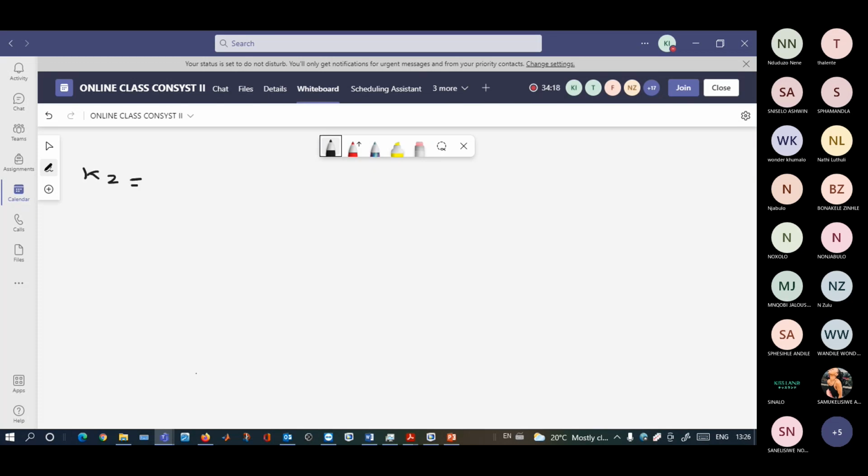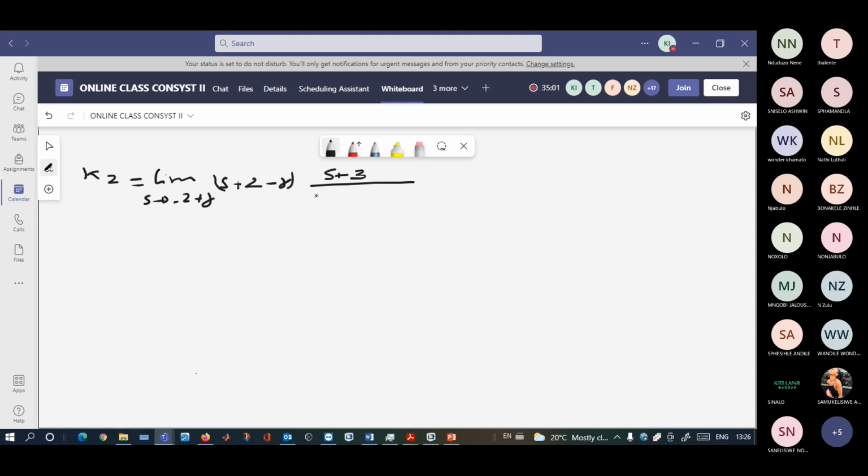So K2 will be equal to the limit of S approaching minus 2 plus J of, we're going to have S minus, I think also minus J, okay, times S plus 3 over S plus 1.